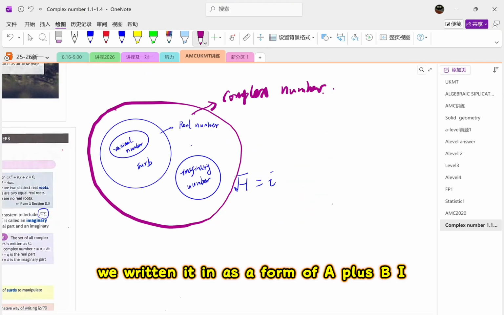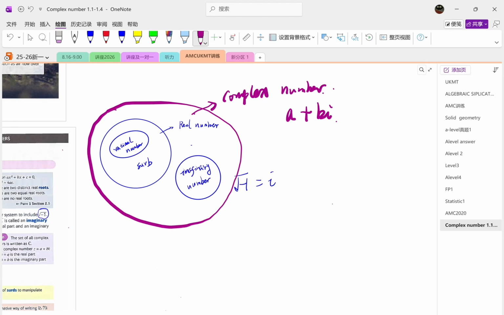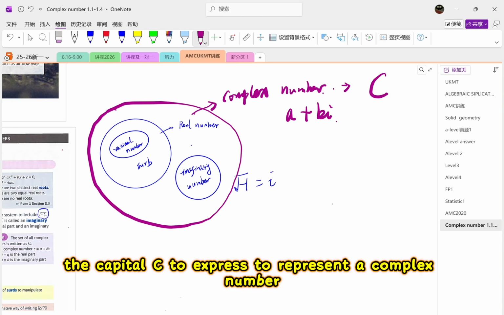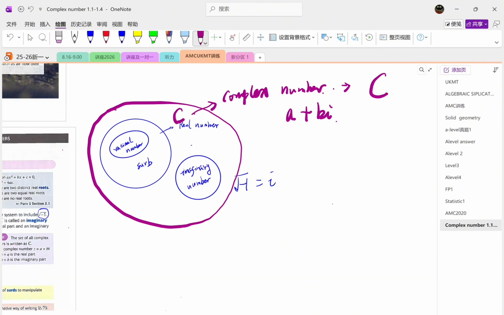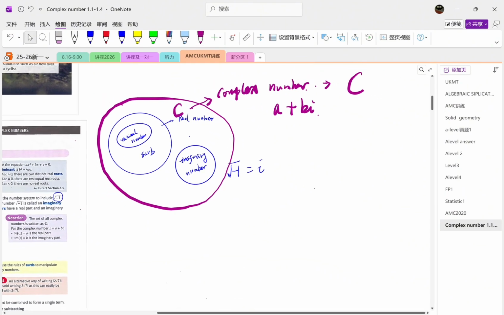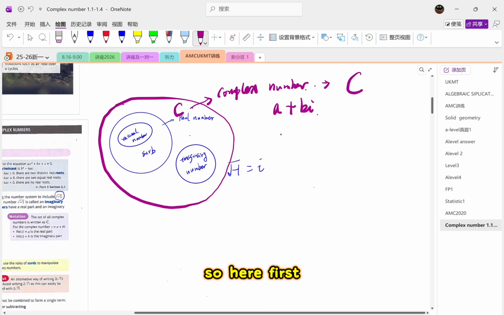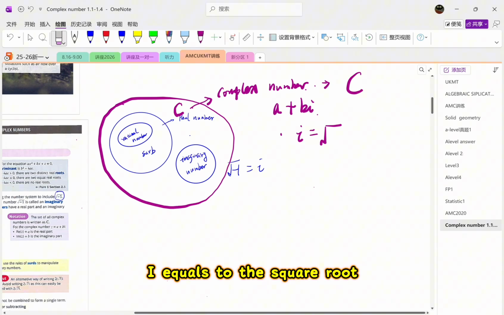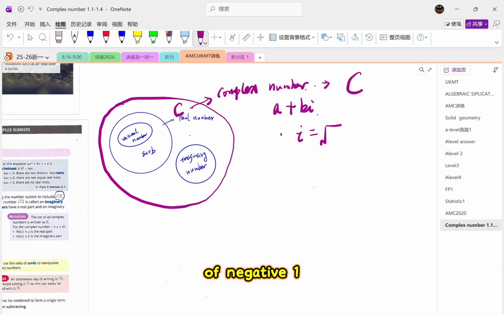We write it in the form of a plus bi, and we also use the capital letter C to represent a complex number. So here, first, i equals the square root of negative 1.